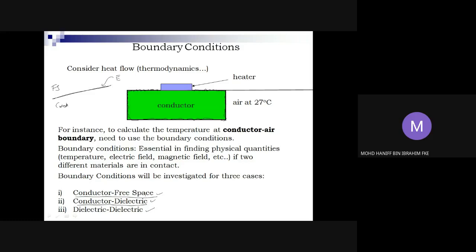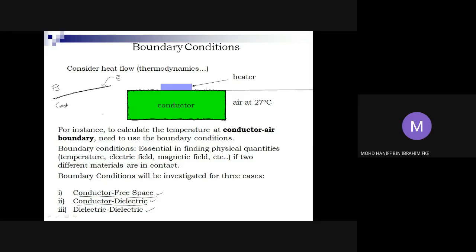So I repeat again, the importance of boundary conditions in our case here in EMT is to know the value of electric field intensity at the boundary between two mediums. Based on this diagram, if you have a free space and a conductor medium which are in contact with one another, that should be the boundary between the two mediums.